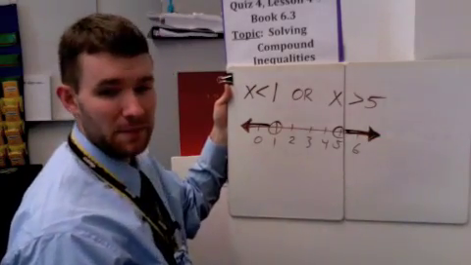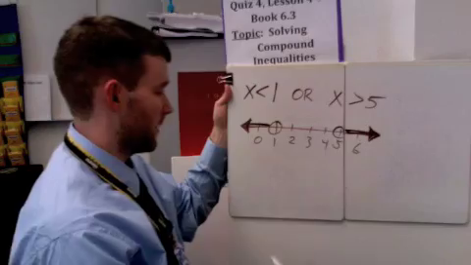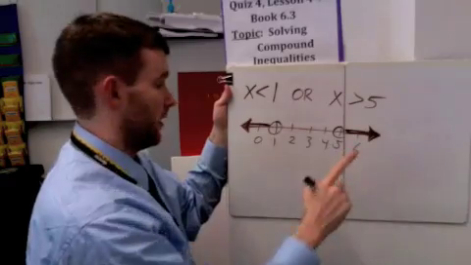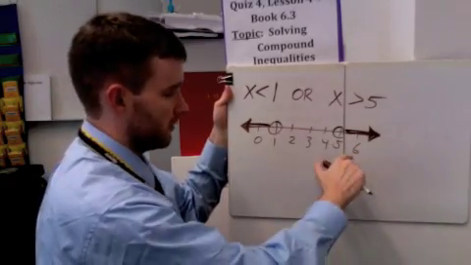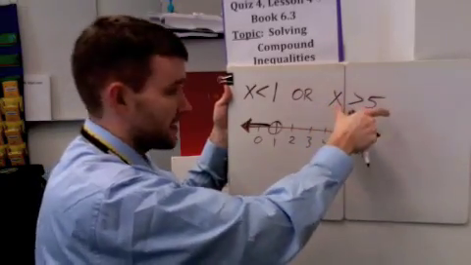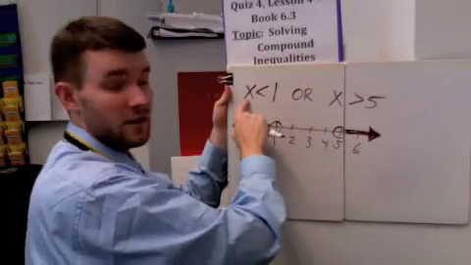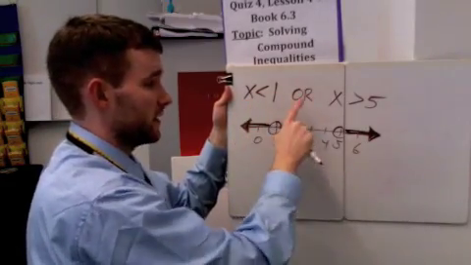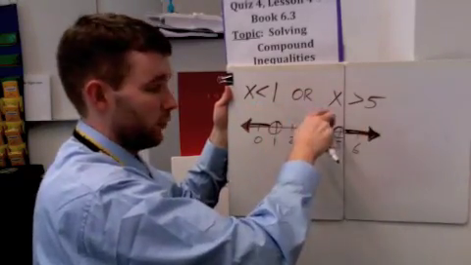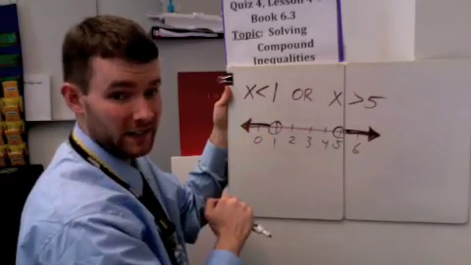Okay, so x can't be both less than 1 and greater than 5 at the same time. I mean, if it's 0, then it can't also be 6. It's just one value. And so we could plug in 6 and say, okay, is 6 greater than 5? Yes, it is. And so that's a correct answer. Now, if we plug in 6 here, it's not going to work. But that doesn't matter because it either had to be this or this. And it is this, so that's okay. It didn't have to be both. If it had to be both, we would have said "and".